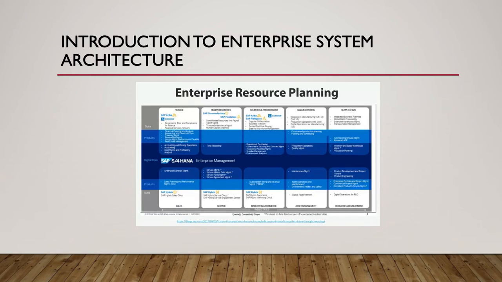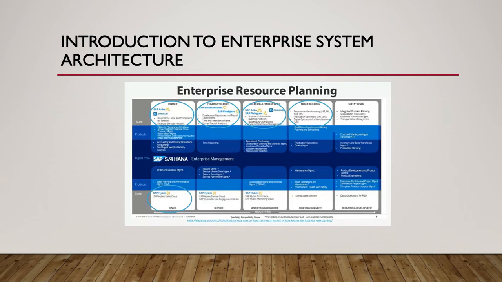ERP is one of the largest and most complex systems. It focuses primarily on intracompany processes, the operations performed within the organization, functional and business processes. A typical ERP system supports production and resources, finance and accounting, sales and distribution, and procurement.